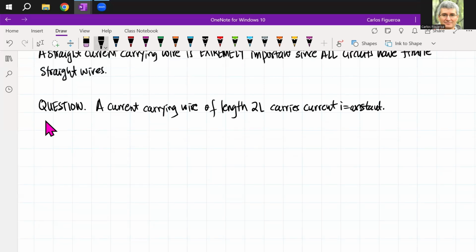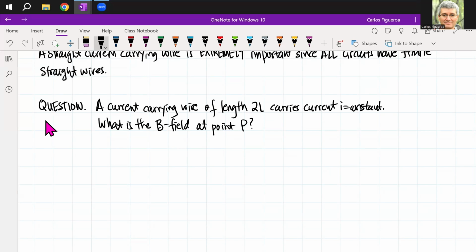Then we're asking, what is the magnetic field at point P?